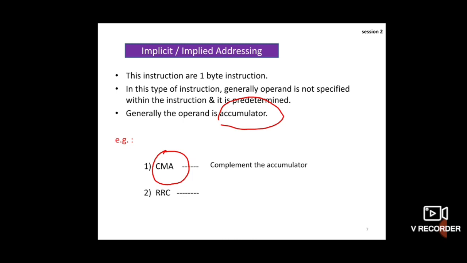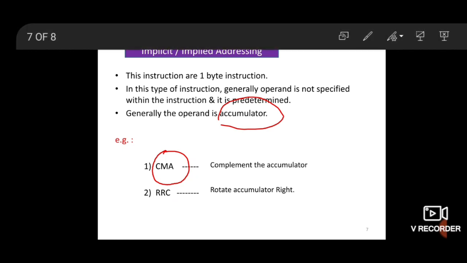See one more example. RRC. Here also, is data specified? No. Is a register specified? No. Is an address specified? No. So this instruction is included in implicit or implied addressing mode. RRC means rotate accumulator right. Now student, compare it with MOV A, B. This is the difference between these two instructions.